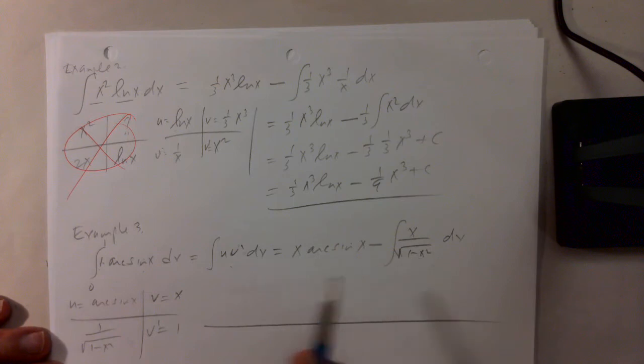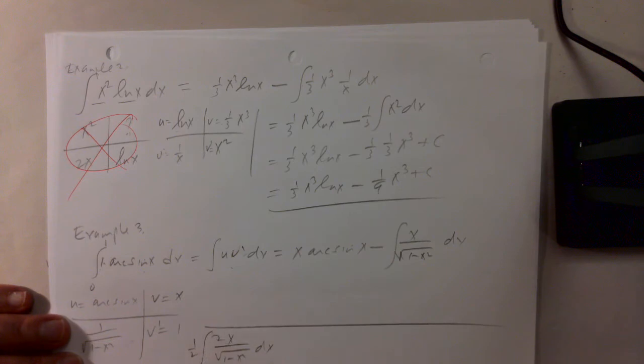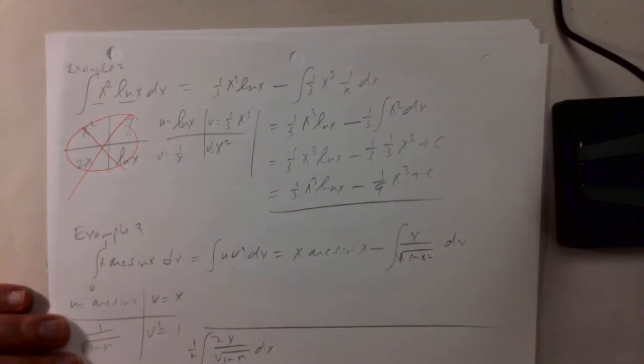And this isn't as hard as it looks because that should be an easy substitution. You have the integral of x over the square root of 1 minus x squared dx. That's like a half times 2x. Let u equal 1 minus x squared, du is minus 2x dx.